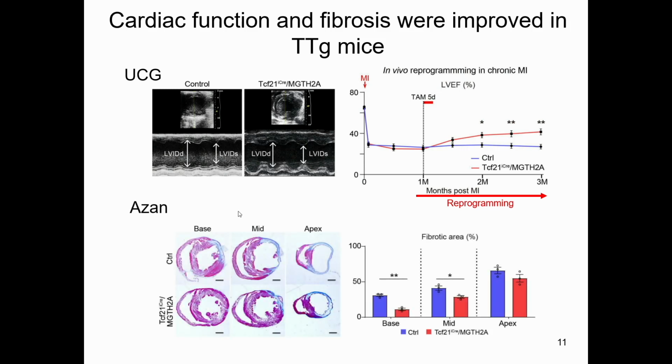We also analyzed fibrosis, because we thought that fibrosis was fixed and could not be changed after 1 or 2 months. But surprisingly, we found that fibrosis was reduced or recovered after cardiac reprogramming, as shown here. This is the area of fibrosis, and as you see, cardiac reprogramming could reduce or reverse fibrosis in chronic MI.